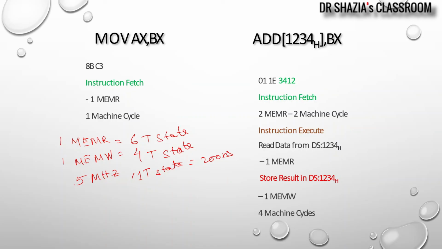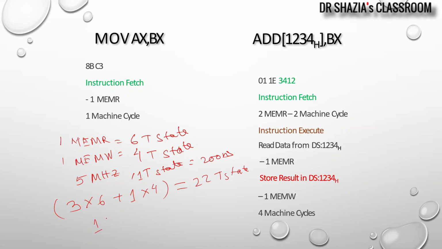So for this given condition, we know that it requires 4 machine cycles, out of which 3 are memory read type. Each memory read is of 6 T states, plus 1 memory write, and it has 4 T states. So put together we require 22 T states, and each T state is of 200 nanoseconds.